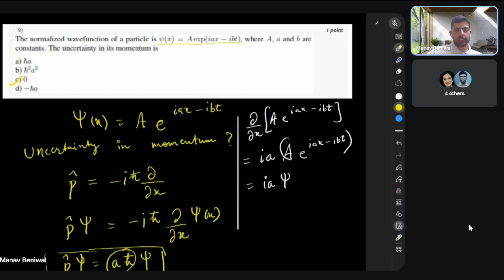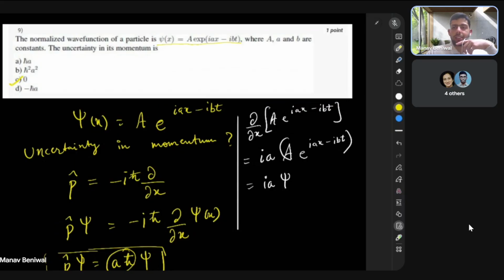So generally when we talk about some realistic wave functions, like a wave function for a particle in a box or harmonic oscillator, those wave functions are typically not like that, you do not have the momentum operator acting on them giving you the same wave function. So that's why there is some uncertainty in momentum.